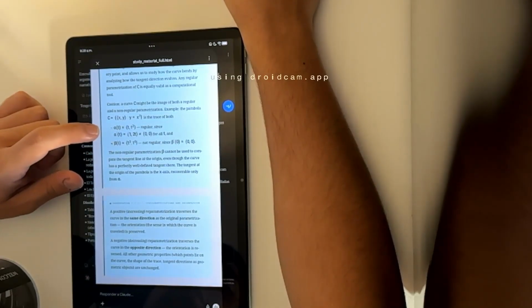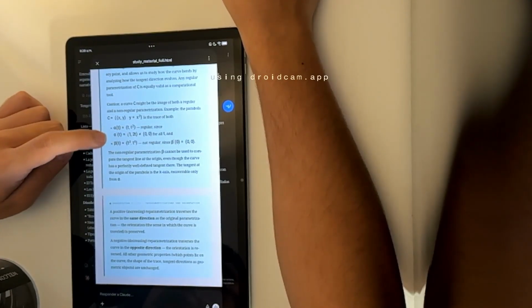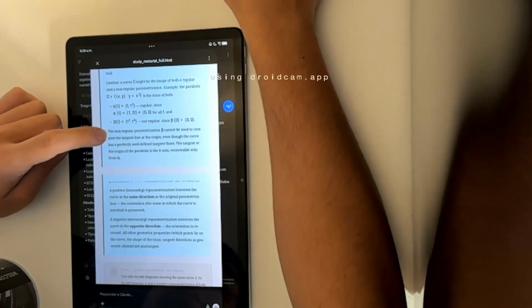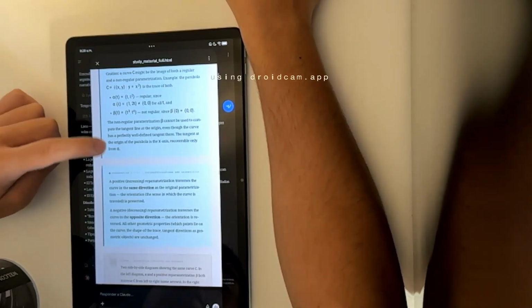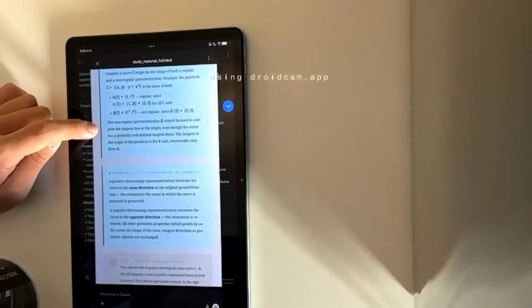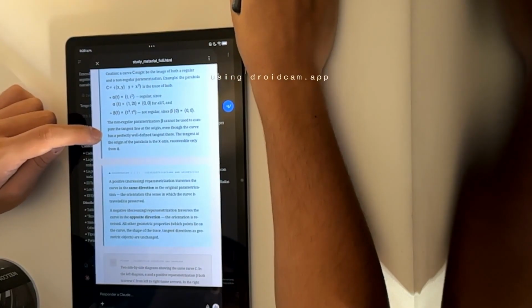The non-regular parametrization beta cannot be used to compute the tangent line at the origin. Even though the curve has a perfectly well-defined tangent there, the tangent at the origin of the parabola is the x-axis.